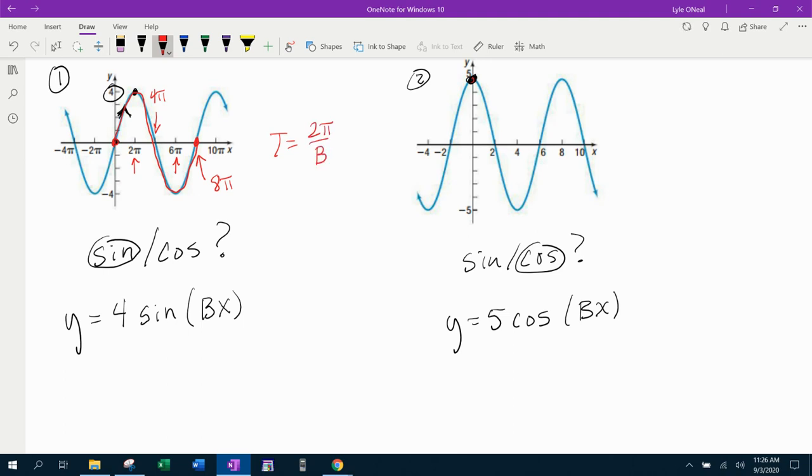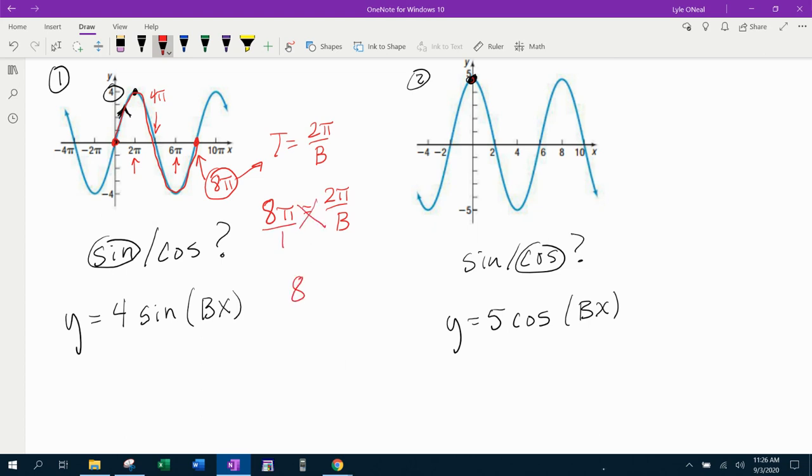That is the formula, and our period is 8 pi. So we're going to say 8 pi equals 2 pi over b, plugging in the 8 pi for the period. And at this point, I can now solve for b. Okay, so we're going to make this 8 pi a fraction so that we can cross multiply.